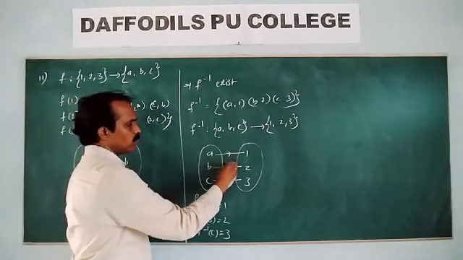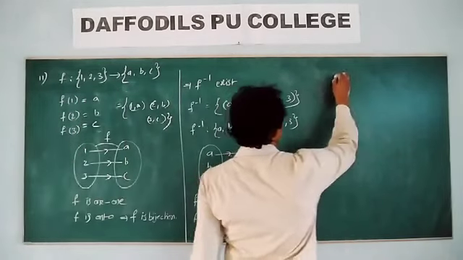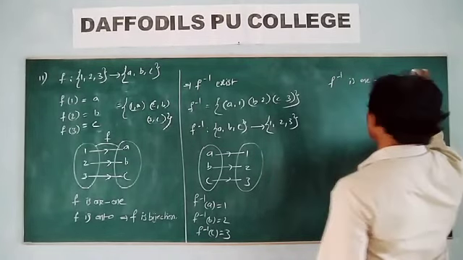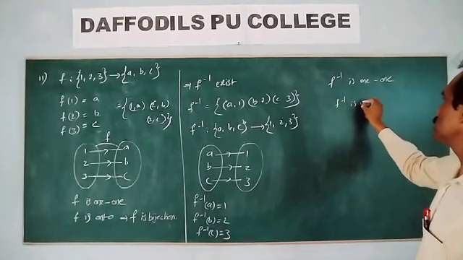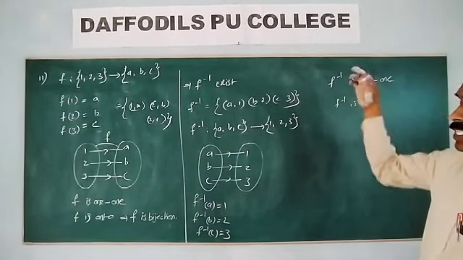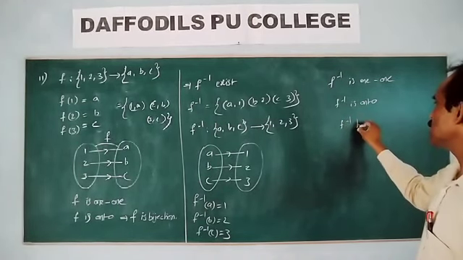Here also f inverse is one-one and onto, so it is bijective. F inverse has one more inverse. That implies f inverse has an inverse.